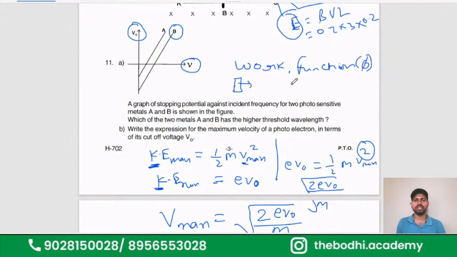Here the energy is normally proportional to frequency, but we are asked about threshold wavelength. So how will the wavelength be proportional? Isn't it going to be inversely proportional to the energy, that is, the work function? And here, the frequency of which metal, A or B, is higher? At least now you can tell me the answer. I'm still waiting. Just say A, B, something. Metal A or metal B?